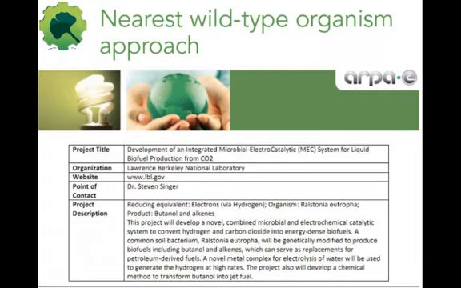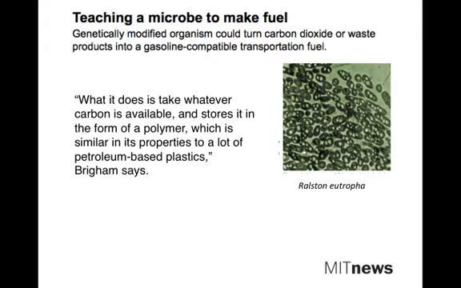Here's an example from ARPA-E, which is the Advanced Research Projects Agency focused on energy. And it's a proposal which uses an organism called Ralstonia eutropha to make energy alcohols, branched chain alcohols. So the really neat thing about Ralstonia eutropha is that you can teach this microbe to make fuel, is what this news release says about it.